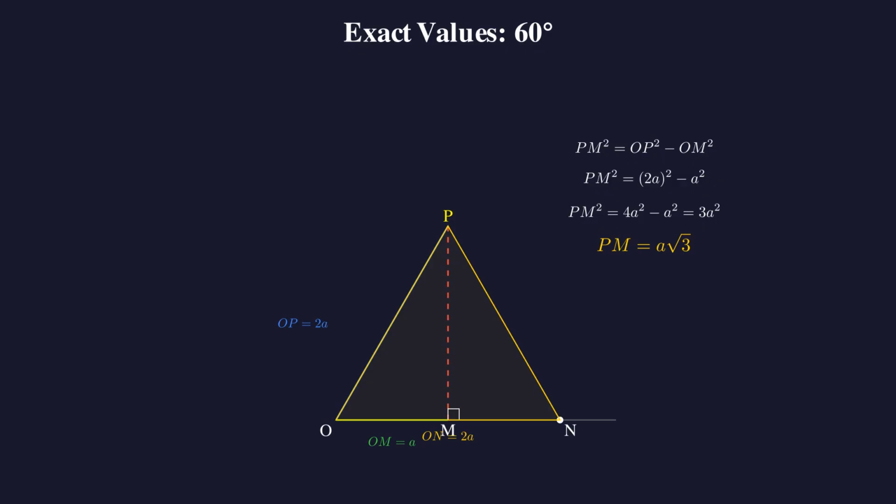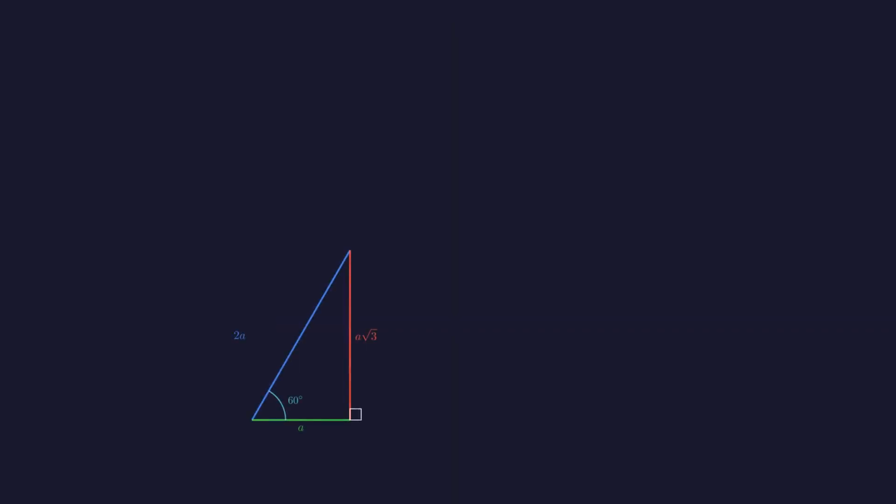Now Pythagoras. PM squared equals 4a squared minus a squared, 3a squared. PM equals a root 3. Now read off the ratios. Sine 60, a root 3 over 2a, root 3 over 2.